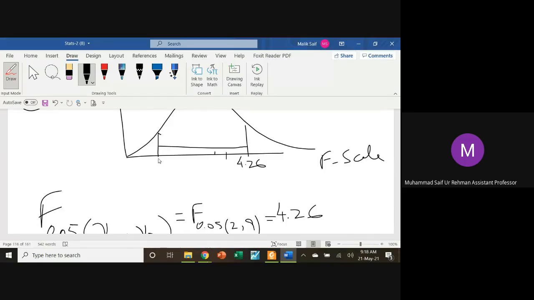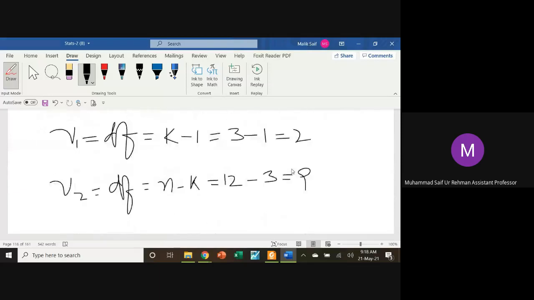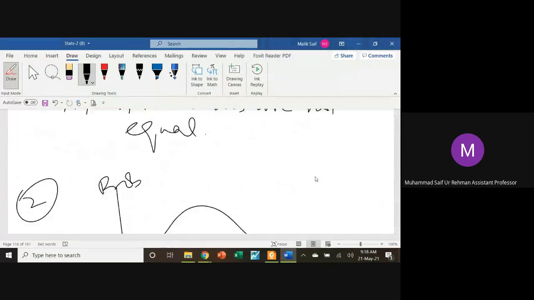And if you are interested in knowing the lower side, then you can simply take the reciprocal of this value. So these will be the two limits. Okay, so let us see what happens finally.